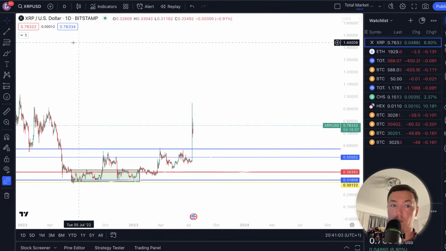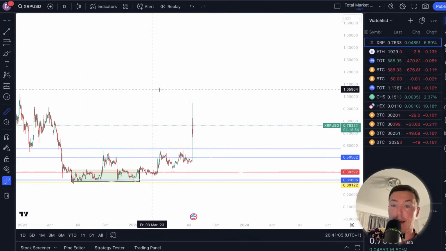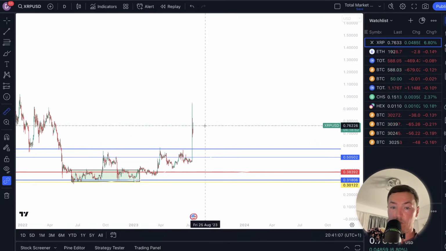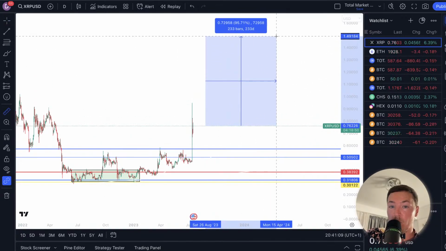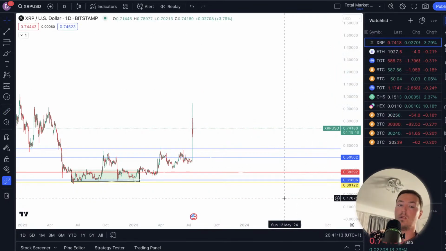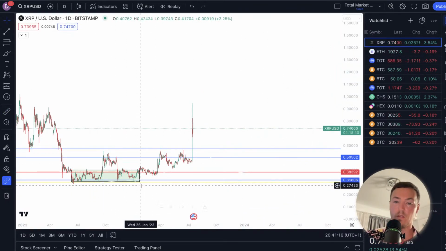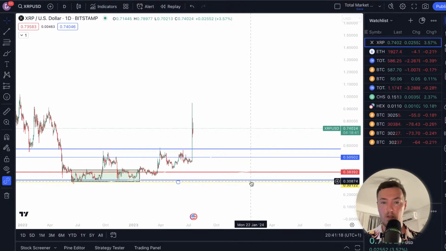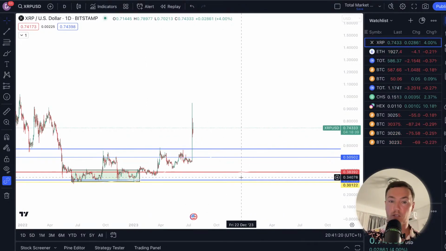But if I buy at 76 cents and it goes to 150, I'm up 90%. So that's the power of buying low, it starts getting exponential in terms of returns.